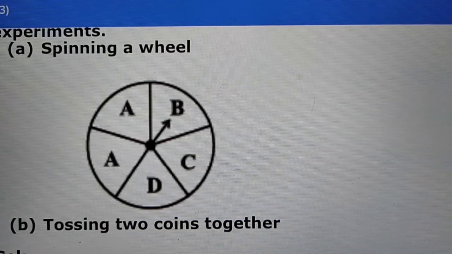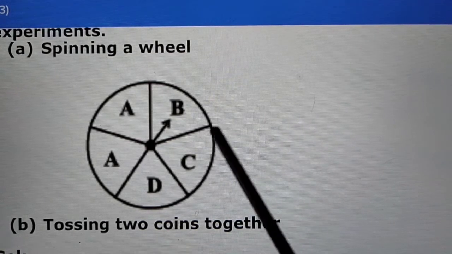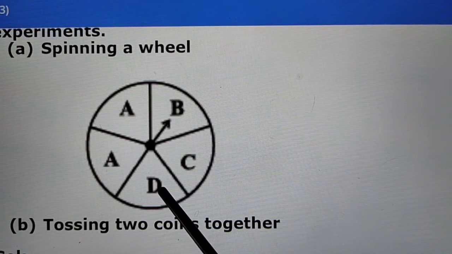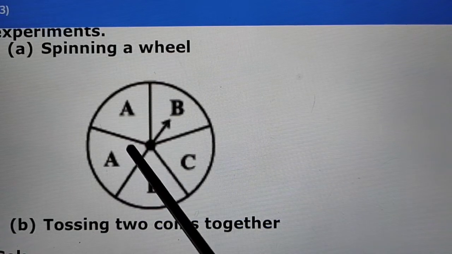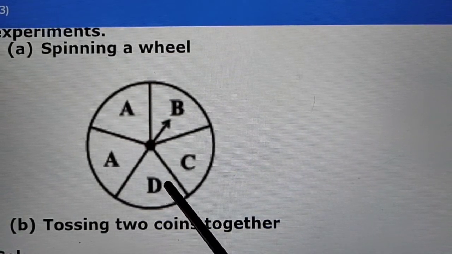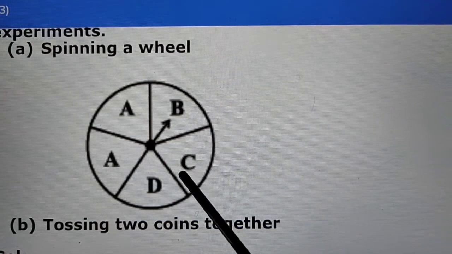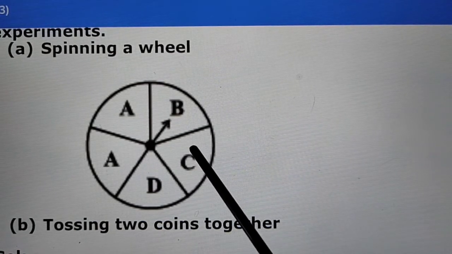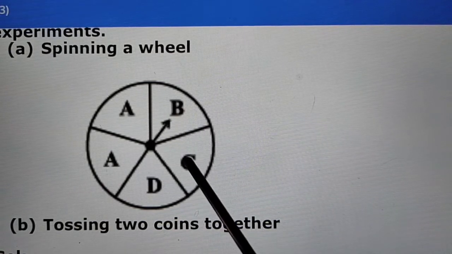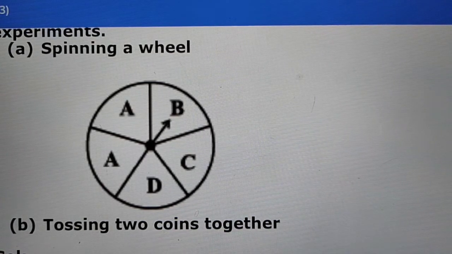We can say that out of 5 chances, 1 is our favorable chance. So the probability is favorable events divided by total number of events. So what is the probability for D to come up? That is 1 divided by 5. 1 is the favorable event and total outcomes are 5.